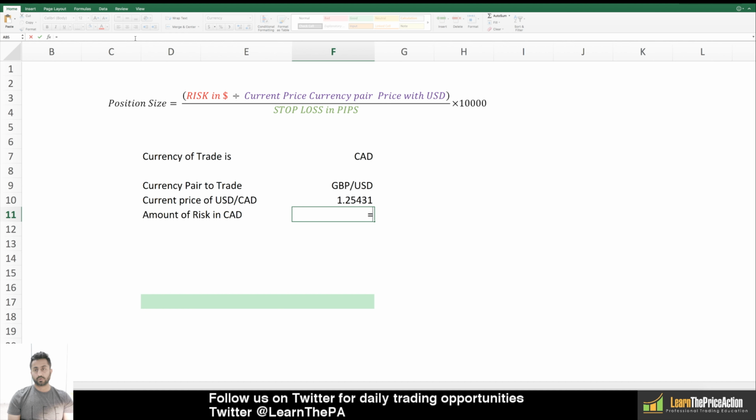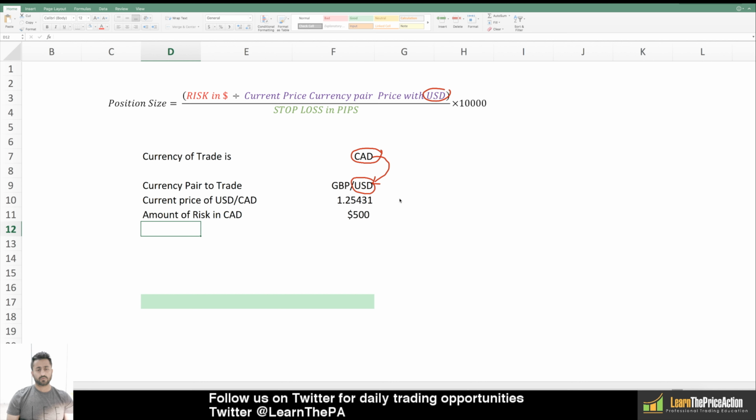Let's say you want to risk 500 Canadian dollars, just as an example. Now, because we are dealing with the US dollar and our trading account is in Canadian dollars, first we'll convert Canadian dollars into US dollars. And you can do that quickly in your head, guys.